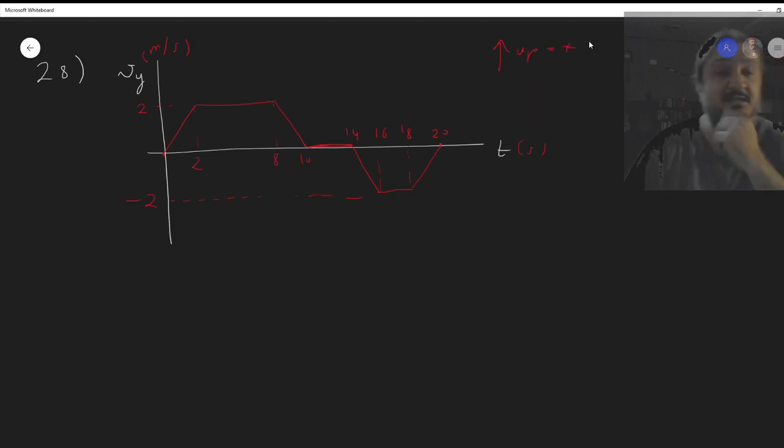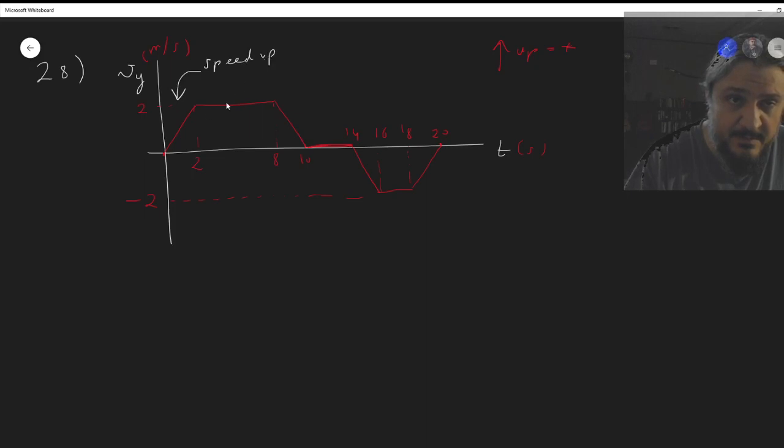Therefore, we know that the elevator is speeding up for 2 seconds. So here, speed up. Reach a maximum speed, which is 2 meters per second, and maintain that speed. So this is constant speed here.